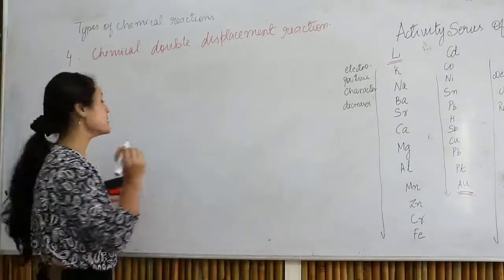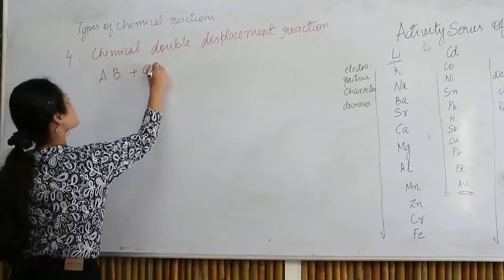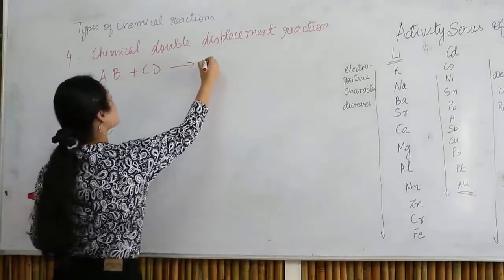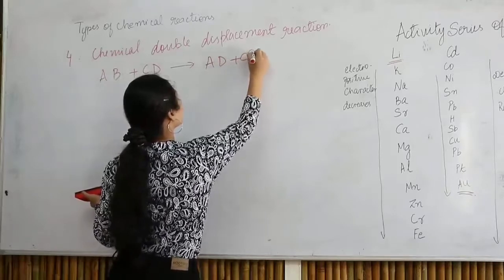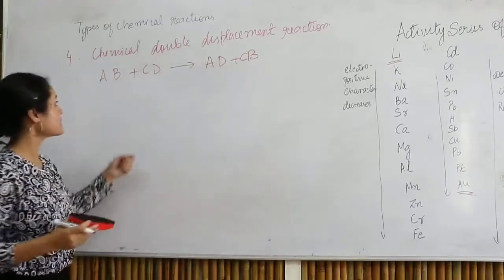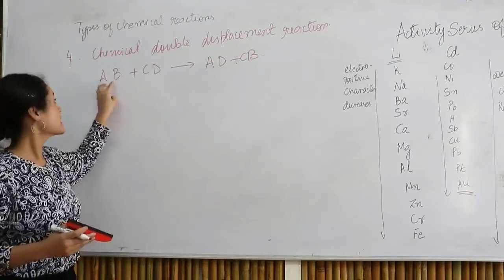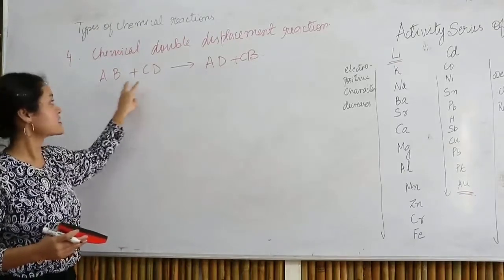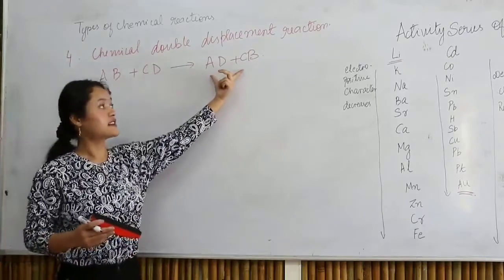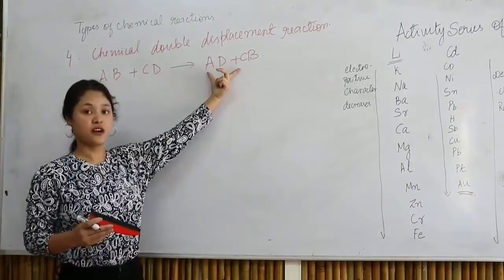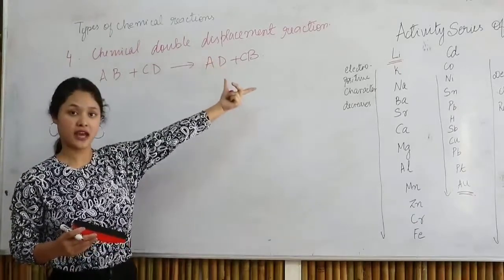So in a simple equation, I'll just write. We see here that the ions in these compounds just exchange among themselves and we get these products. So this is called a chemical double displacement reaction.